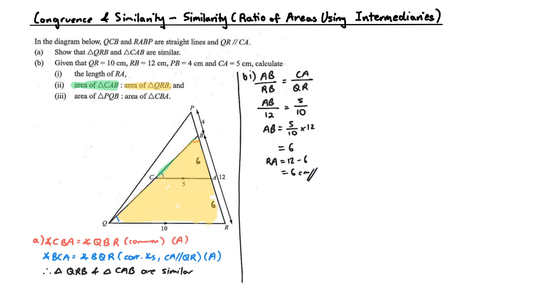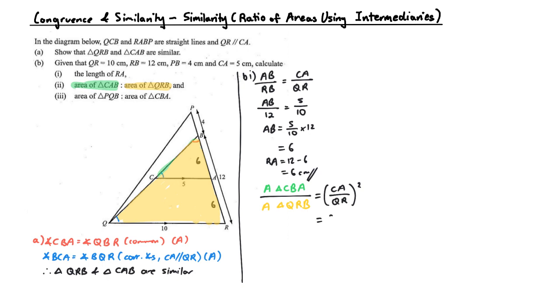Okay, so area of triangle CBA over area of triangle QRB is equal to the length of the short one, which is CA, over the length of the big one, which is QR, squared.